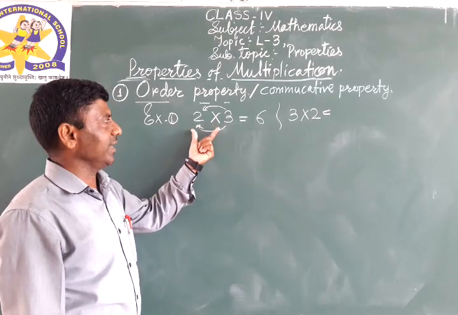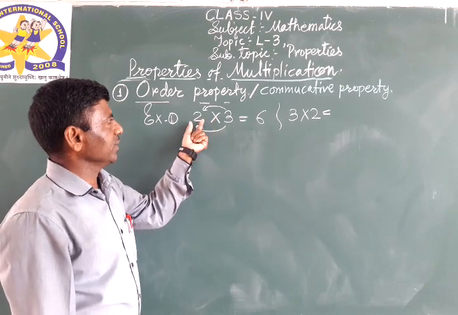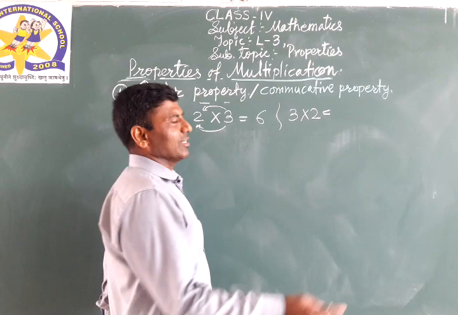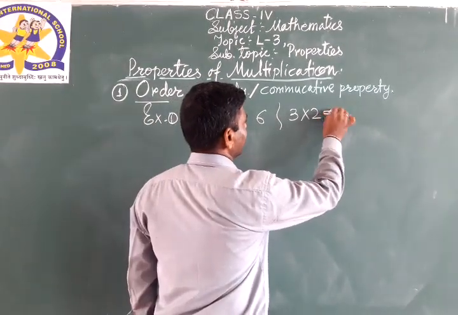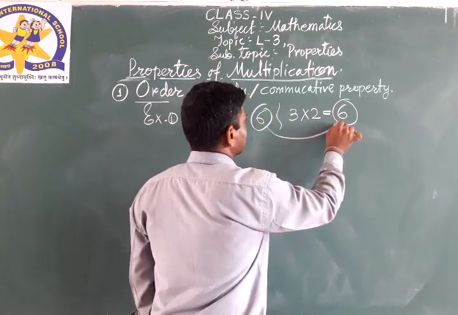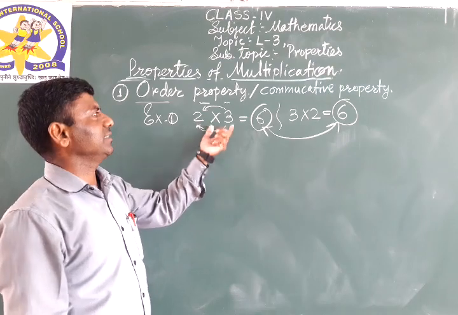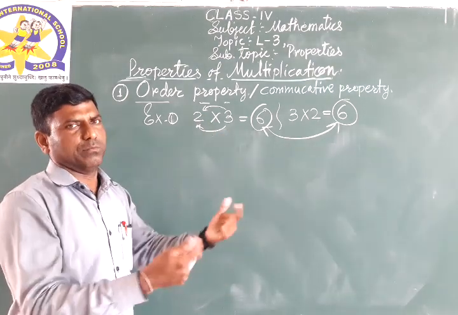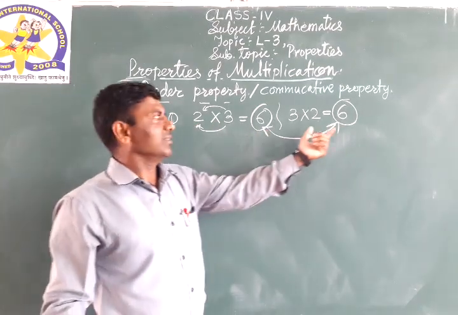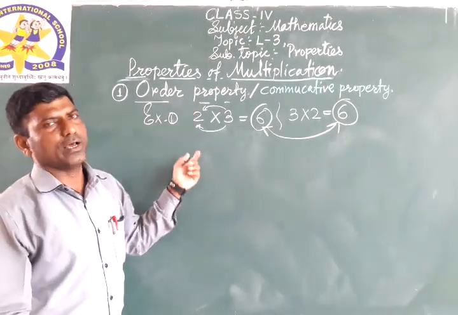What I did, I changed the order of the numbers: wrote 3 in place of 2, and 2 in place of 3. Then also see the product. 3 2s are 6. Now check if the product is the same. Yes. Means if we change the sequence or order of the numbers, the product will remain the same. This is called commutative property or order property.